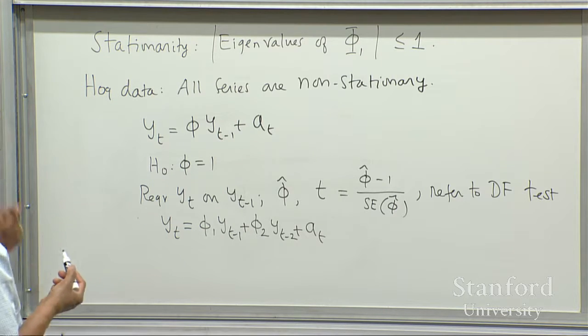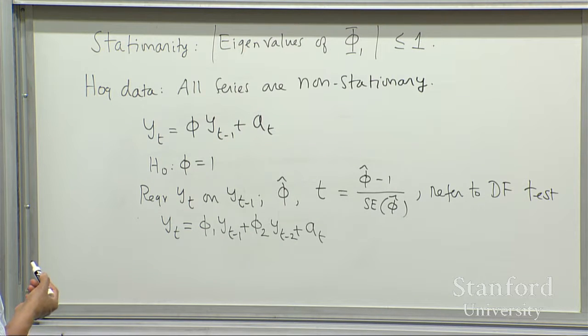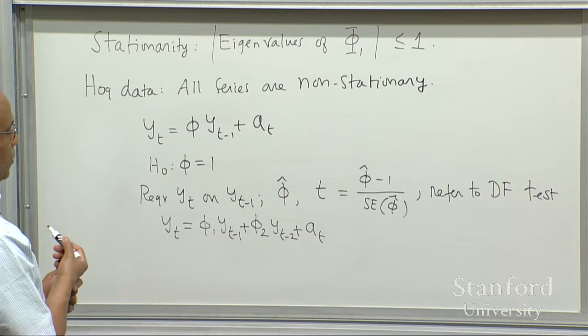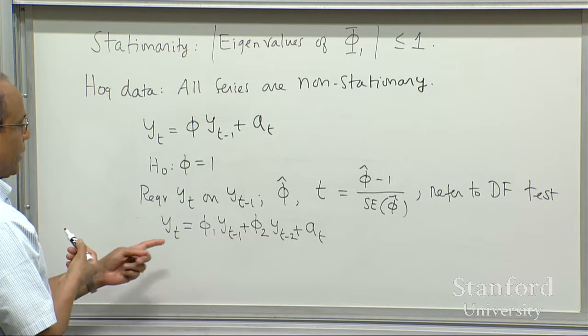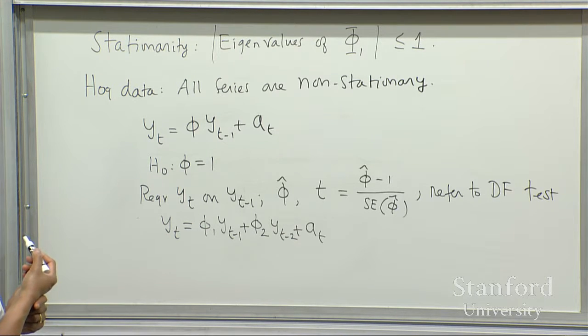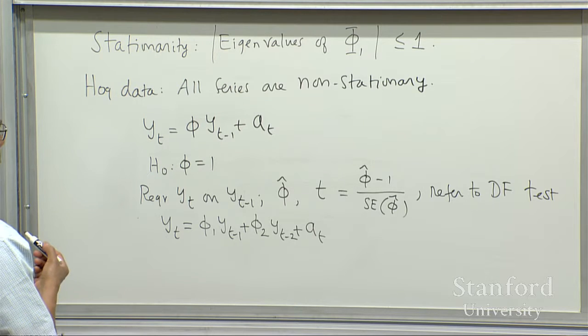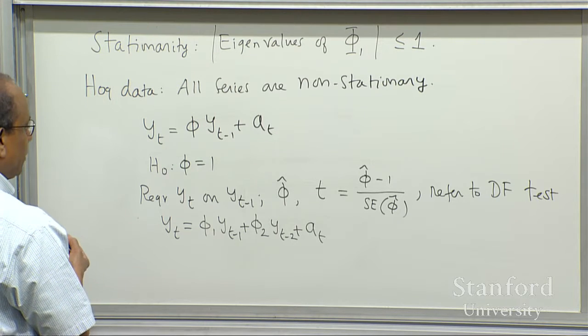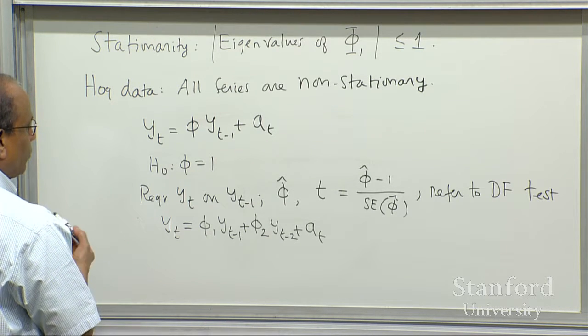Okay. Here, checking whether one root is equal to 1 is not as simple as setting pi 1 equal to 1. So you need to do a little bit more, it is a little bit difficult here. The way it works is as follows.